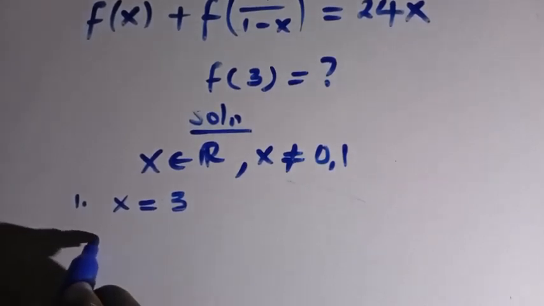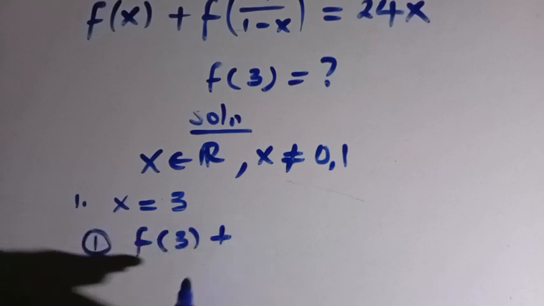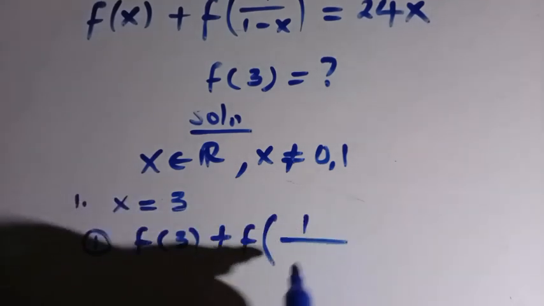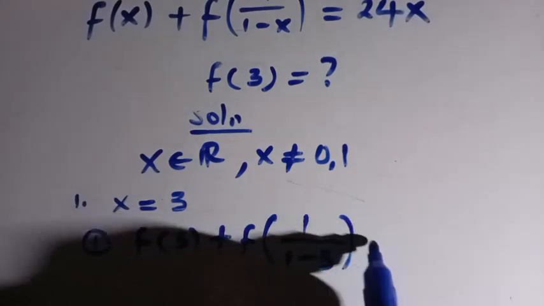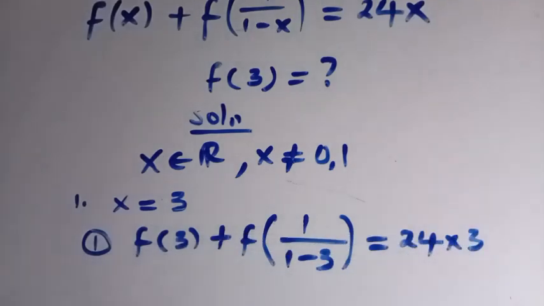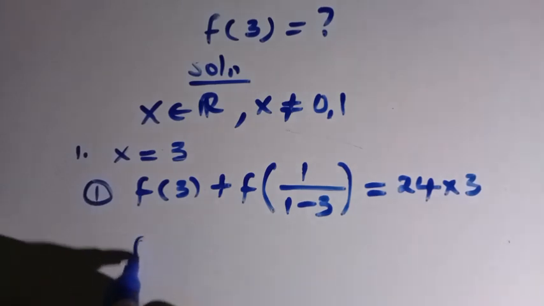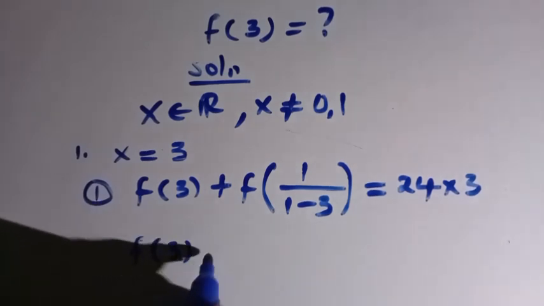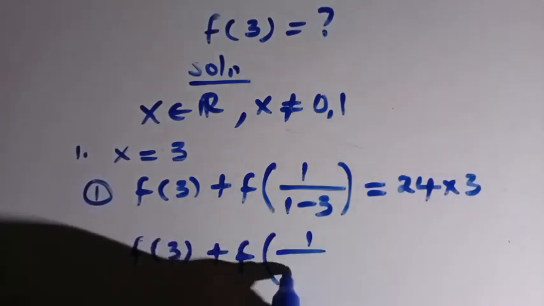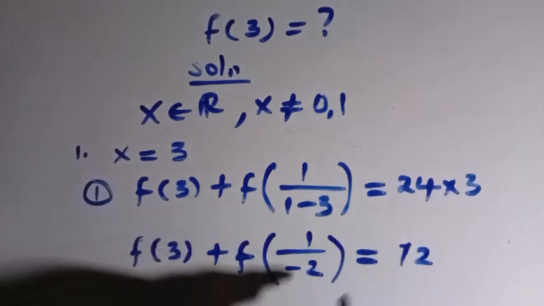Then we have f of 3 plus f of 1 divided by 1 minus 3 equals 24 multiplied by 3. So this is f of 3 plus f of 1 divided by, 1 minus 3, that is minus 2, equals 24 times 3, that gives us 72.